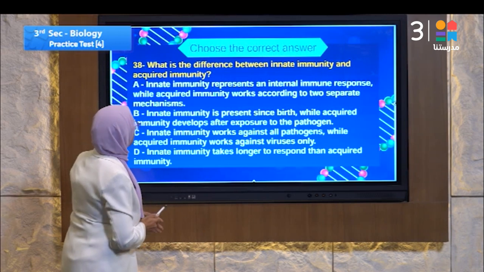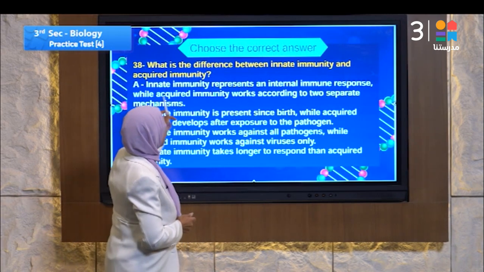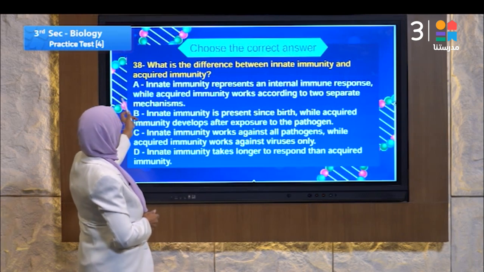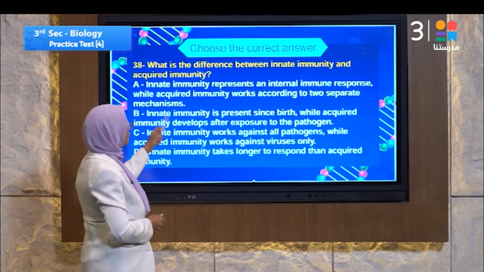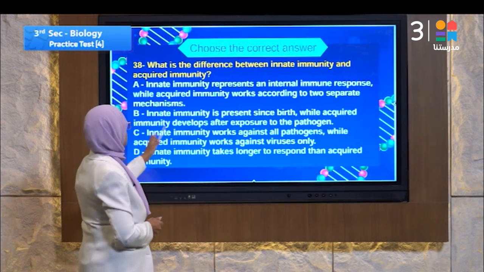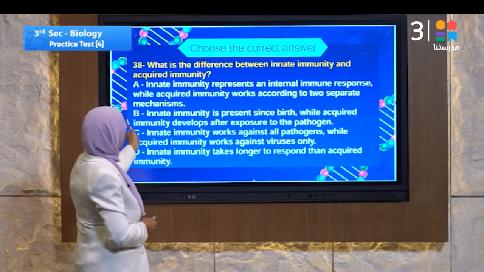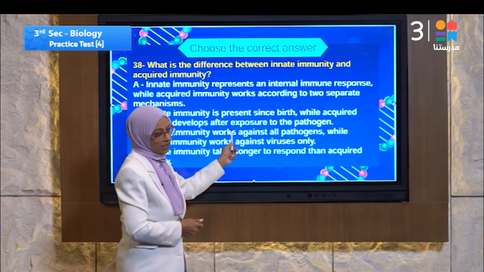The number A, innate immunity represent an internal immune response, while acquired immunity work according to two separate mechanisms. No, it's not the answer. Number B, innate immunity is present since birth. Yes, it will.